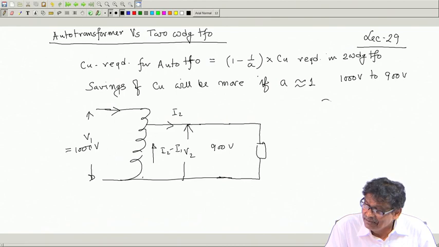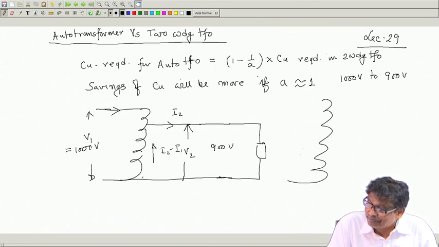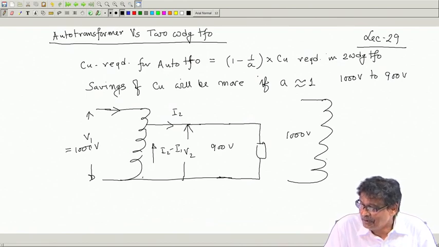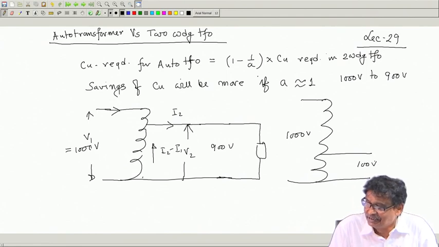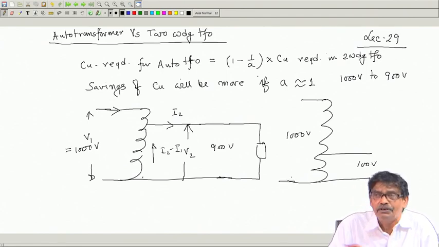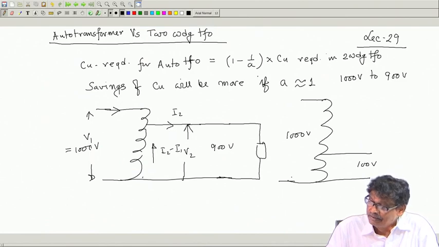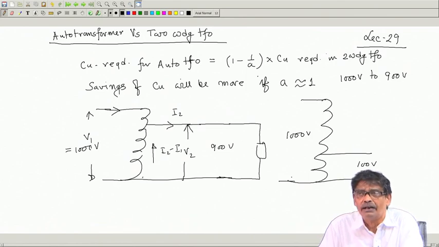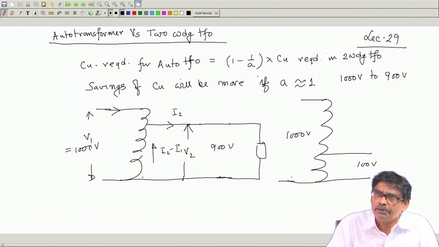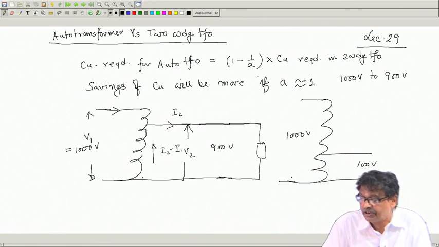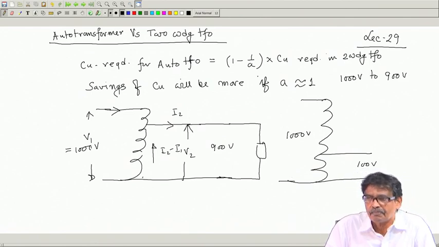but imagine I am using an auto transformer, 1000 volt to say 100 volt. I want to get 100 volt here, and I have decided I will use an auto transformer. Now, first of all, in this case, this ratio being too high, savings of copper will be there compared to a 2 winding transformer, but savings of copper compared to this configuration will be much less, because A is here 10.